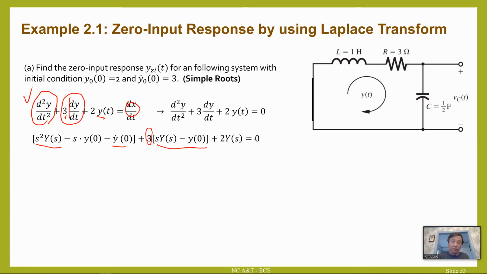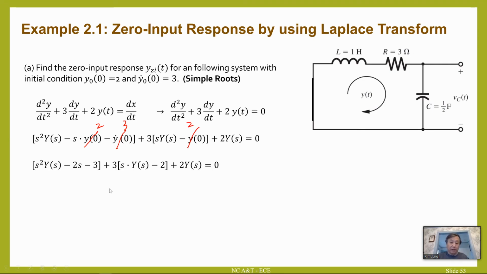Once you find the Laplace transform term by term, then we can arrange it. Given this is 2, this is 3, and this is 2, plug in the numbers and arrange it.